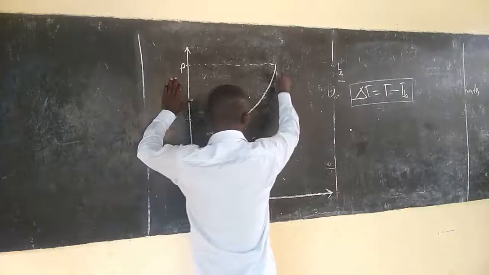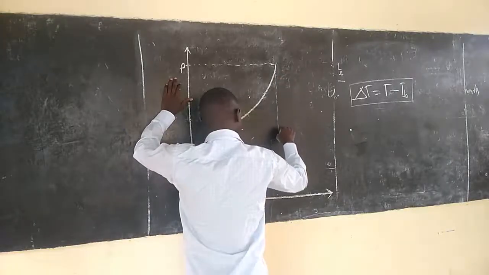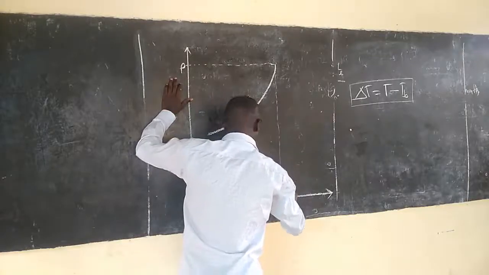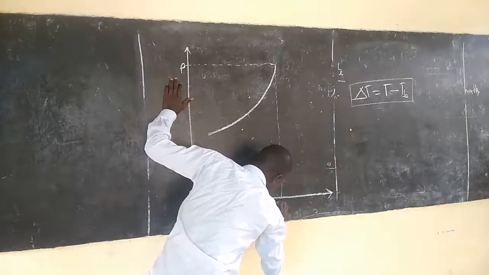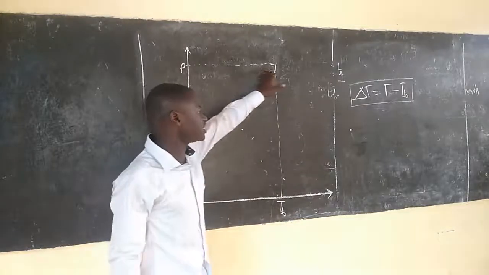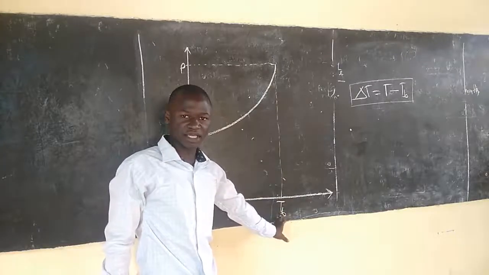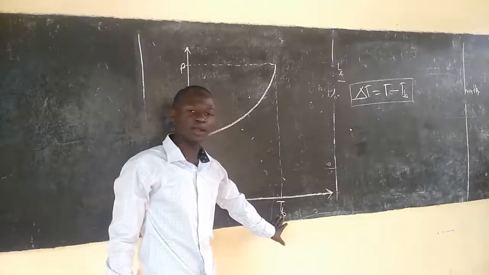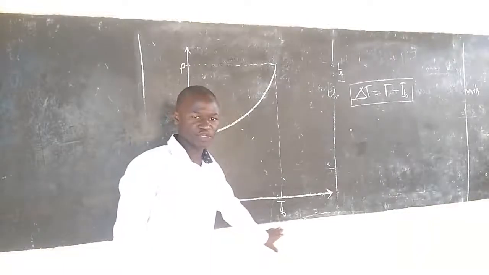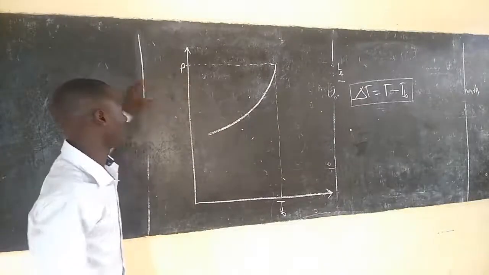So here tutakuwa tuna pressure fulani na pia tutakuwa na temperature fulani TB. Remember, this is the pressure of the pure solvent. TB will be the boiling point of the pure solvent, and P is the vapor pressure of the pure solvent.